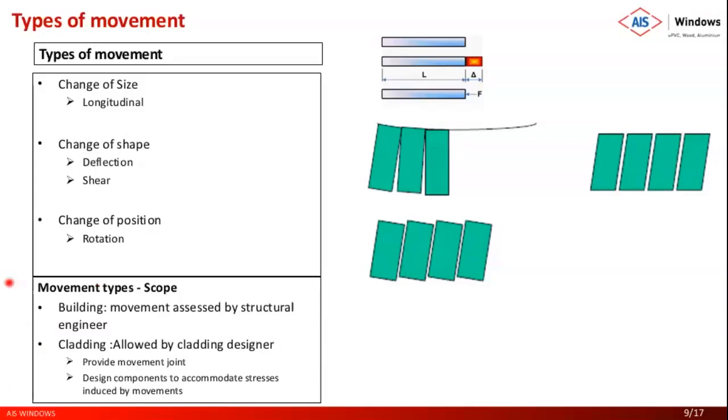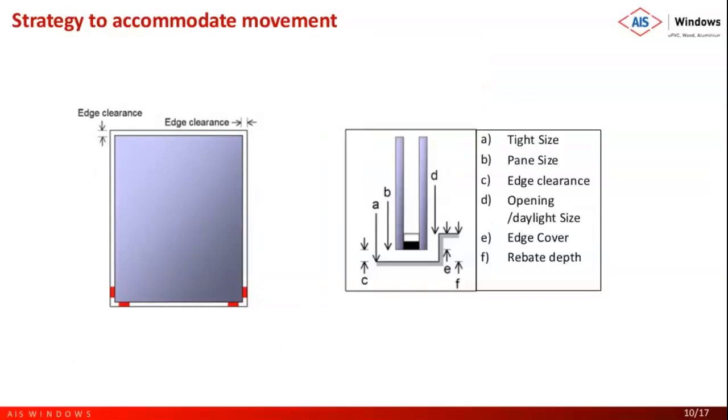Now, moving on to the next slide. What are the strategies we can follow? This I try to summarize in a few 4-5 slides. What are the strategies generally followed in industry to accommodate movement? One is to provide edge clearance. So what is edge clearance?